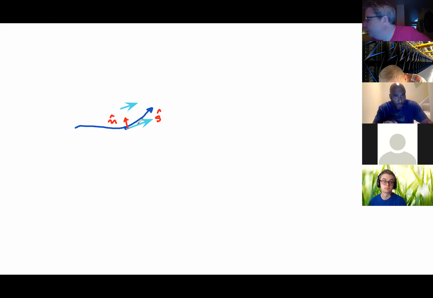That is the S direction, and that is the N direction. So what is the velocity doing? It is getting smaller as I travel in the N direction. That value is negative. That makes this positive, because shear is negative dV dN.